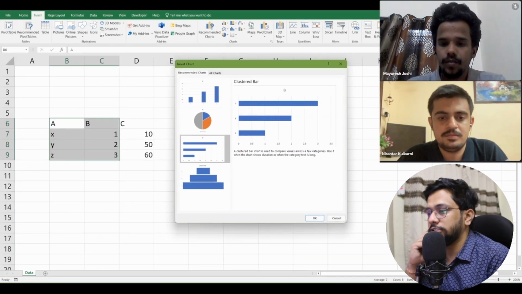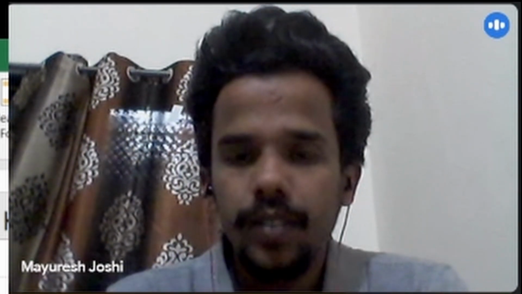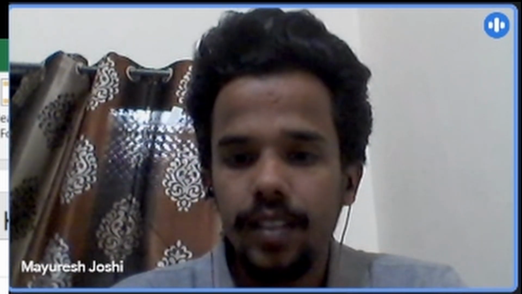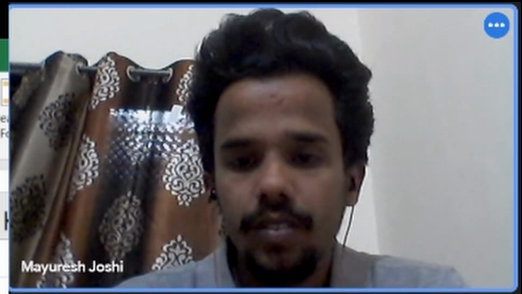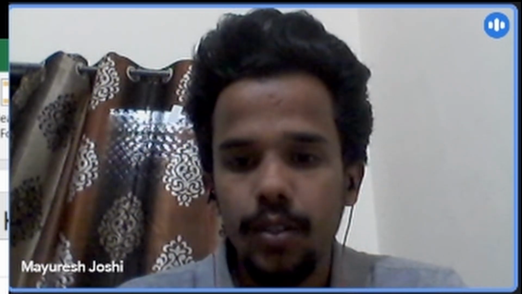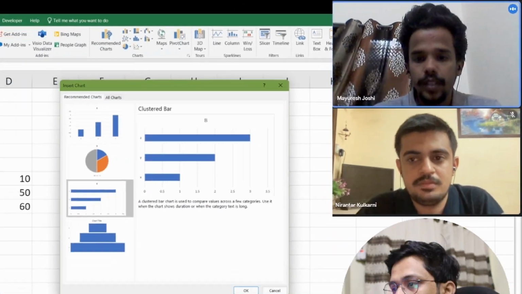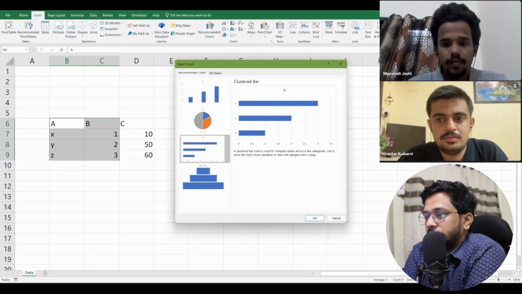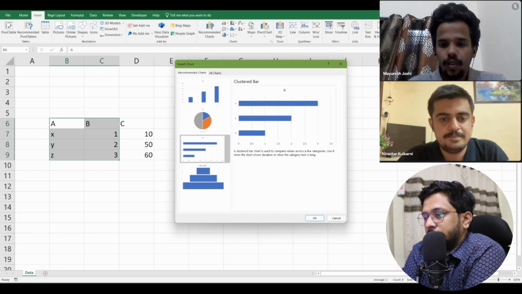Mayuresh, can you help us understand? We use a pie chart when we want to know about the categories' contribution in the whole data. What does each category contribute in that data, and how effective is that category? Then we can use the pie chart for that. Nirantar, do you want to add anything? No. Okay, so what is the difference between a bar chart and a pie chart?